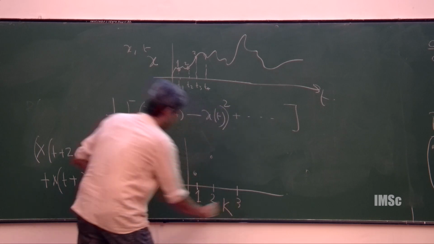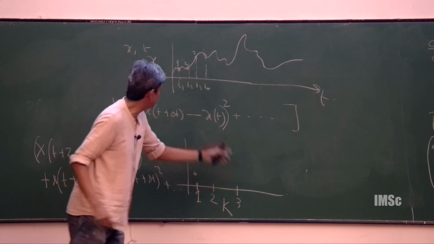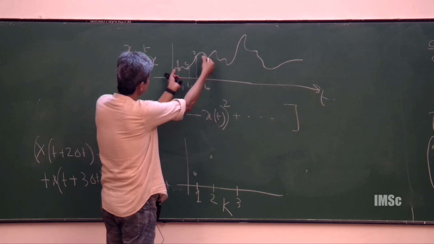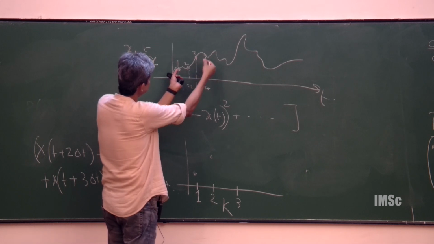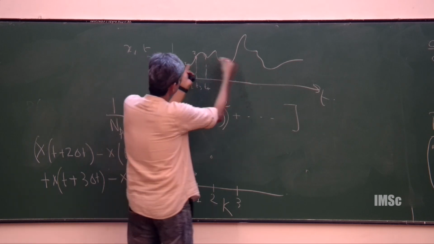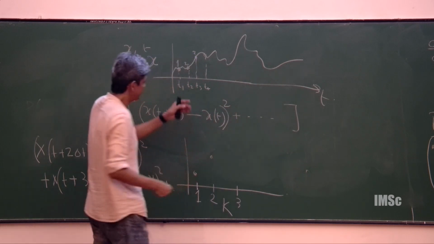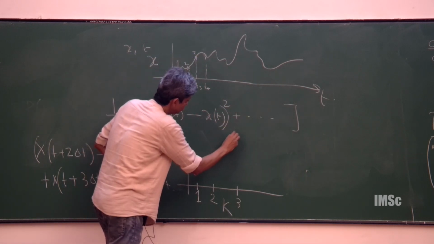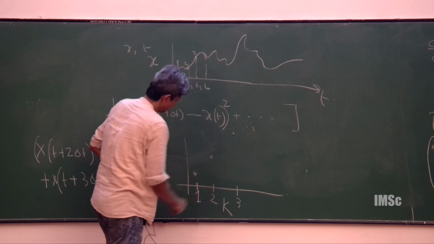But the problem is, as you increase the k, you are increasing the gap between these points. You are not considering the intermediate points, and also the number of pairs is reducing. So you cannot go to very long, and soon you will see a lot of fluctuations here.